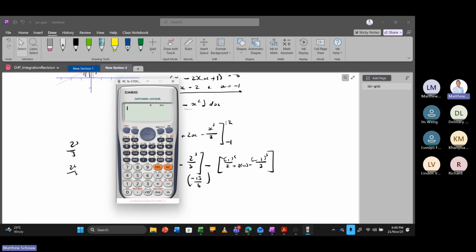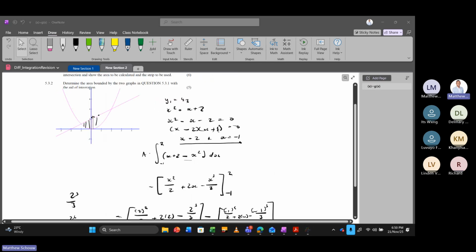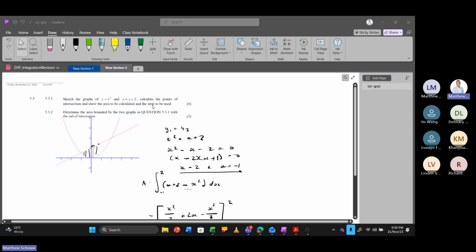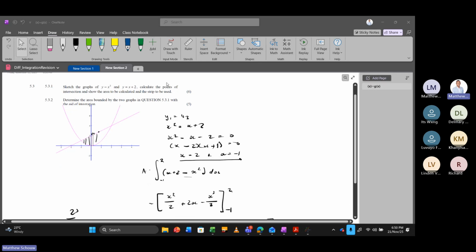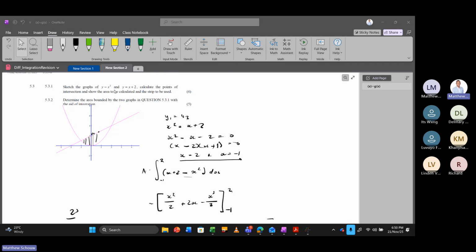Okay, so any questions with this? So just key points. Obviously, sketching the graph, you should know how to do that, right? You want to take values maybe from -3 to 3 for each one. Get the graph sketched to get 6 marks. You want to calculate the points of intersection, and the way we always do that is make the two graphs equal to each other.